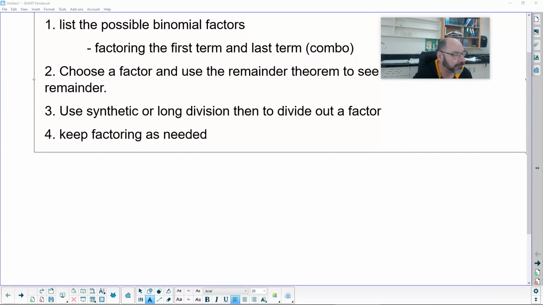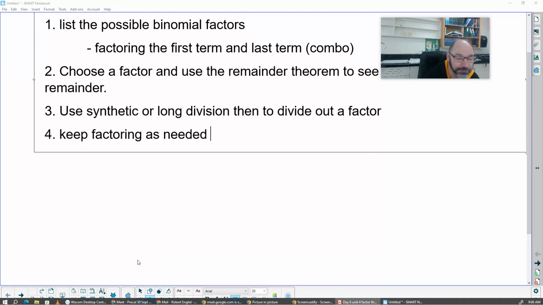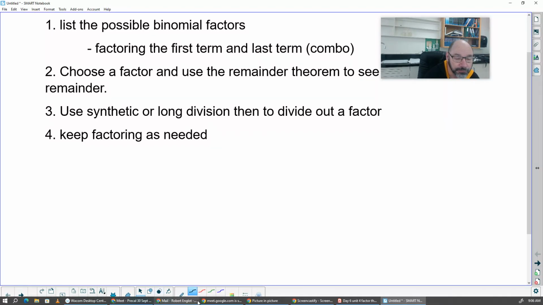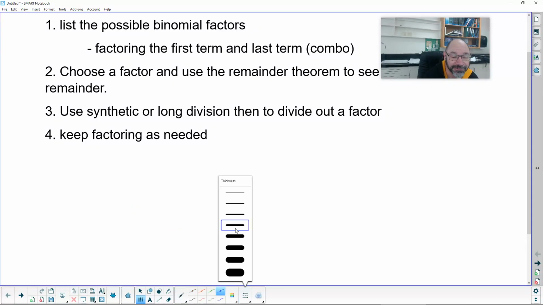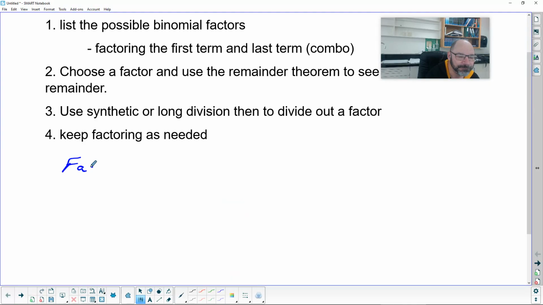Let's factor it. I'm going to use the calligraphy pen here. Okay, let me choose one that'll factor out evenly.